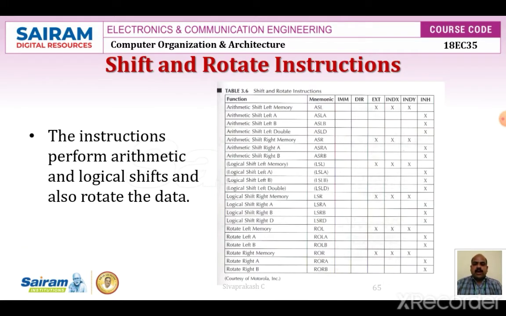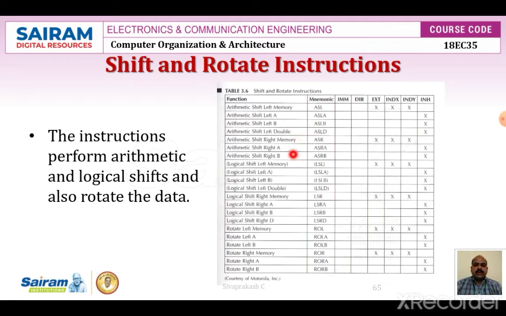So coming to the instructions which are used for shift and rotate operations: the arithmetic ones are arithmetic shift left memory, ASL, arithmetic shift left A, arithmetic shift left B, and it goes on like this.